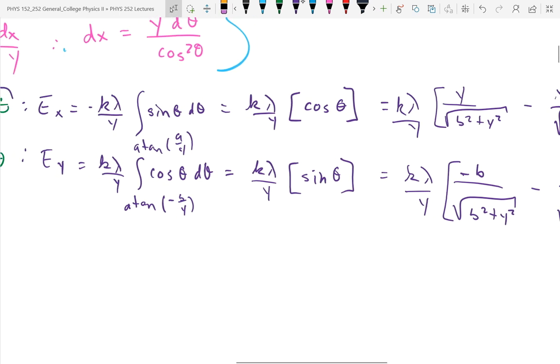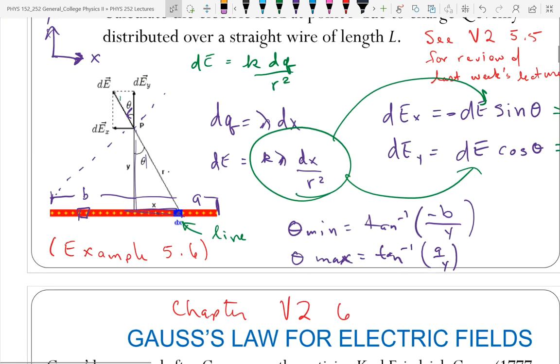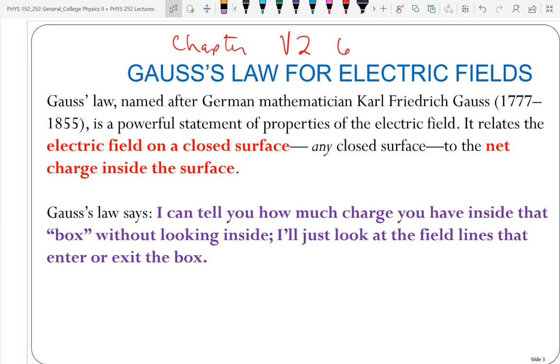Okay, good? Now going on to chapter 6 of the textbook, talking about Gauss's law. Carl Friedrich Gauss came up with a really brilliant law, and we see this a lot in electricity and magnetism. It's based on something that we've actually already stated.